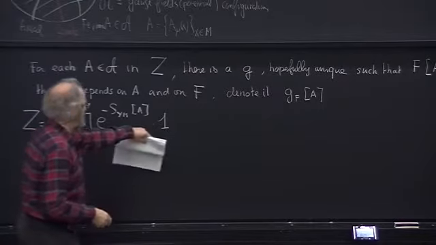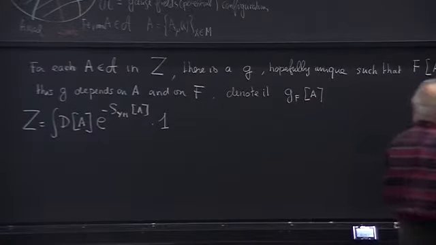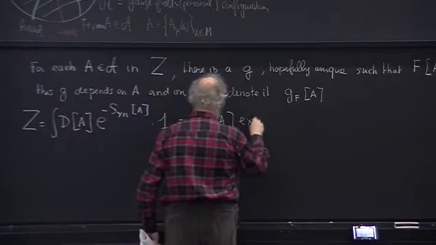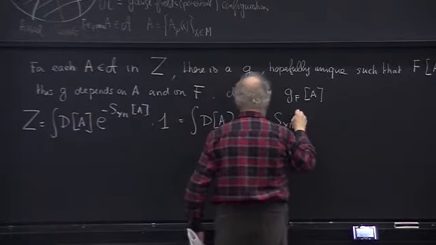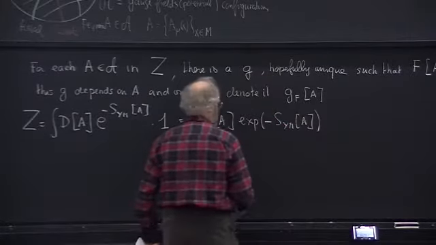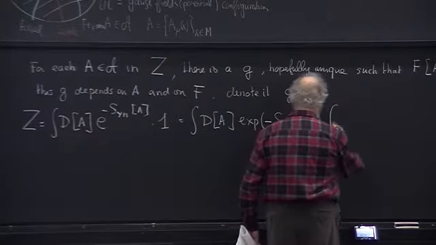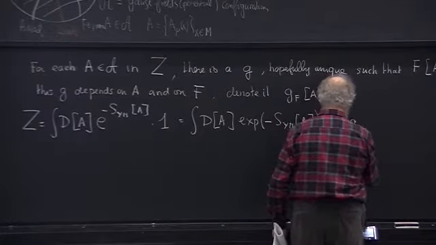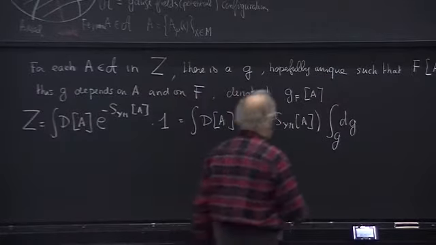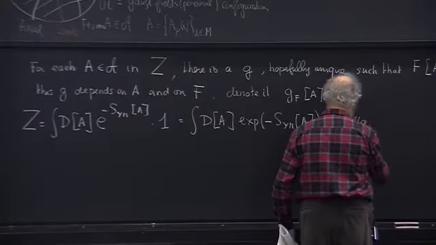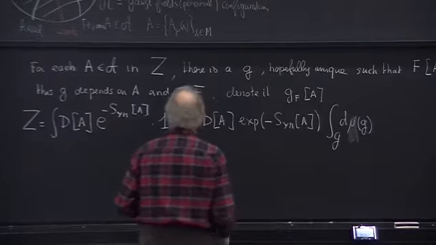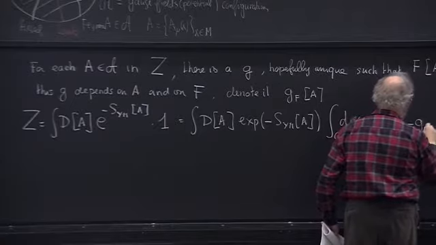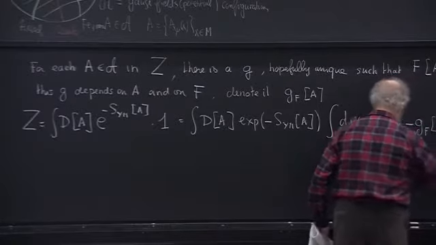But for each A, I write 1 as the integral over the gauge group, an element of the gauge group with a Haar measure, so let's call it d mu of G to be very precise, times delta of G minus Gf of A. Okay?